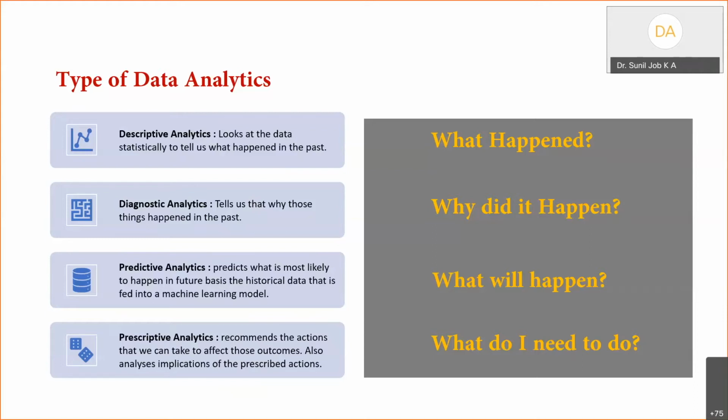In a diagnostic analysis, we analyze the present status and what has happened and why it has happened. So diagnostic analysis gives you an answer to the question of why it happened. The answer to why it has happened is estimated through a cause and effect relationship of the present status with the past.